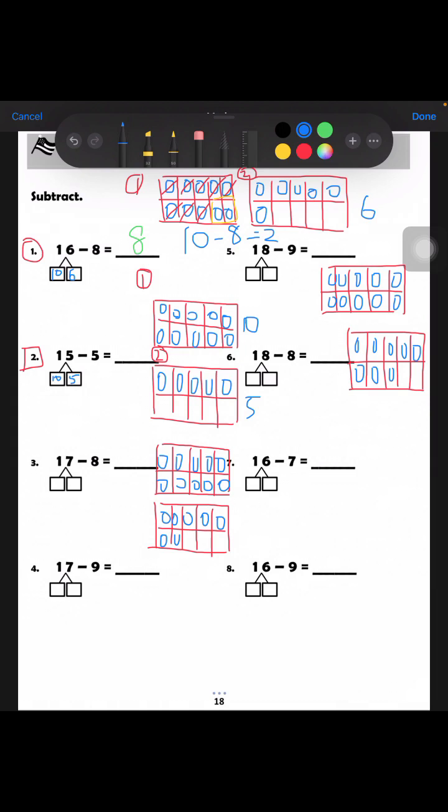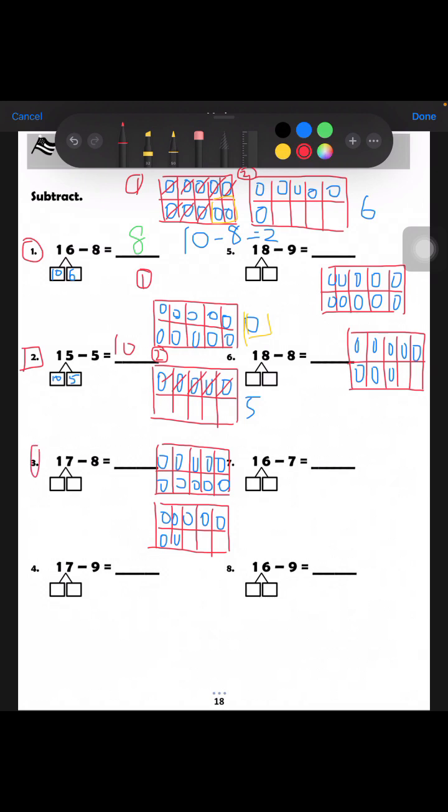So this time we can take away 5 circles from either one set. So this time we choose set 2. Okay, we cross out 5 circles, and now there are only 10 circles left in the first set. So 15 minus 5 equals to 10.